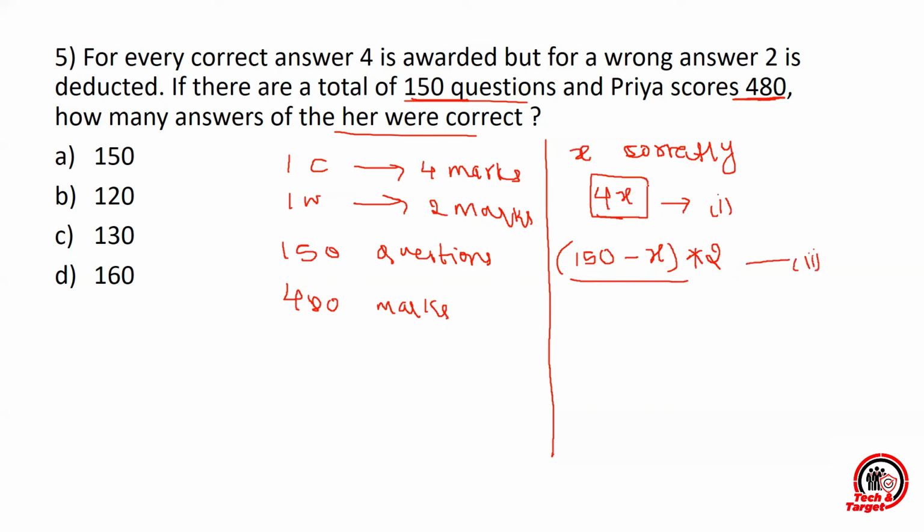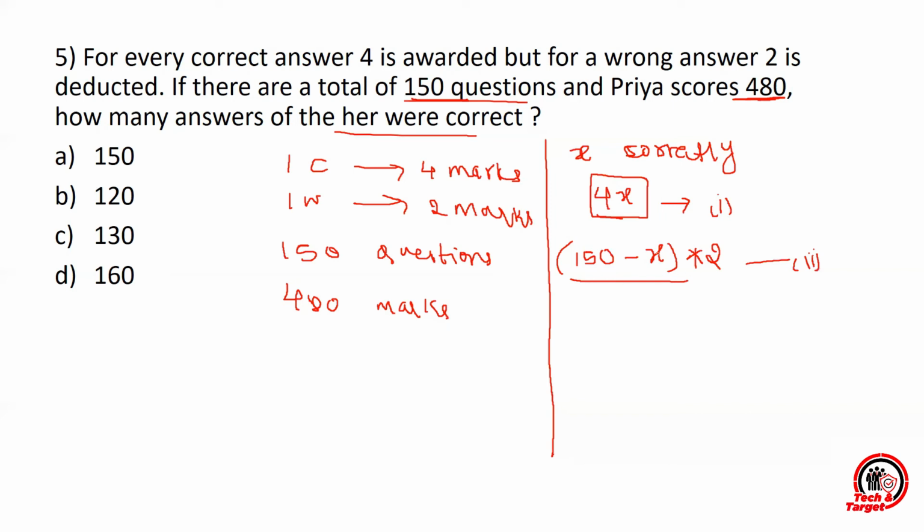So there are x questions marked correctly, for which we get 4 into x. And for the remaining questions, out of the total we subtract the x correctly answered questions, and then multiply each of them by 2.